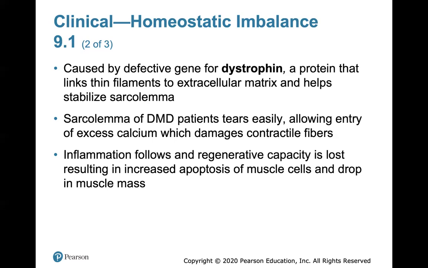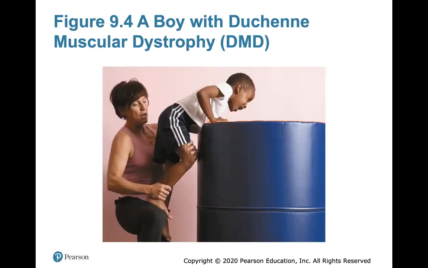Inflammation will follow. The regenerative capacity is completely lost, which means that these muscle cells aren't able to repair themselves, resulting in increased apoptosis or cell death of the muscle cells and a drop in muscle mass.